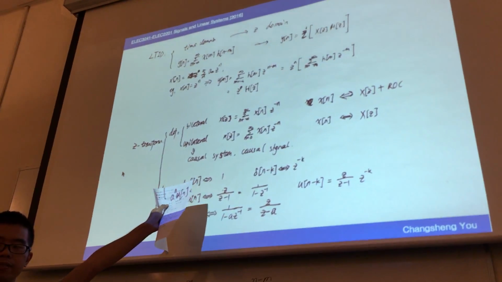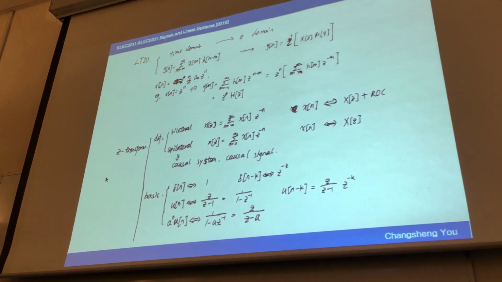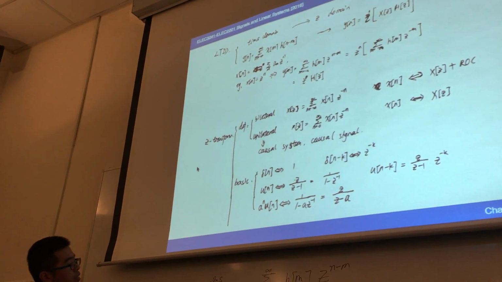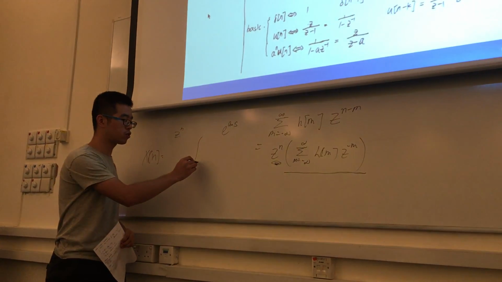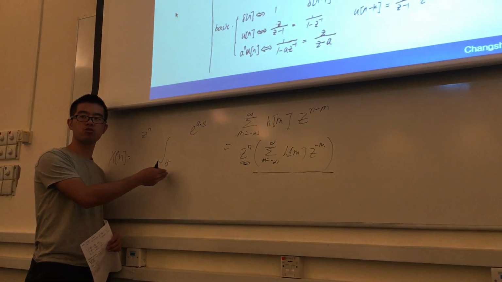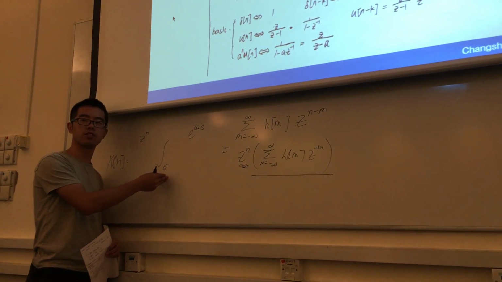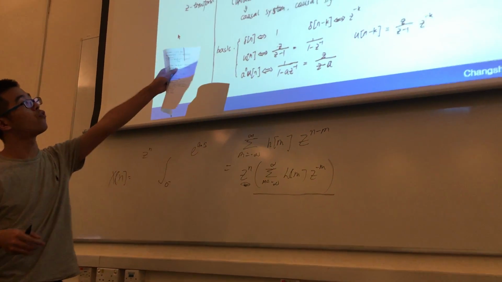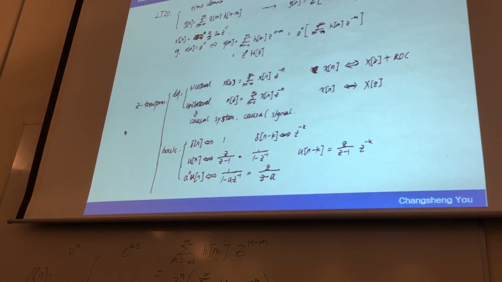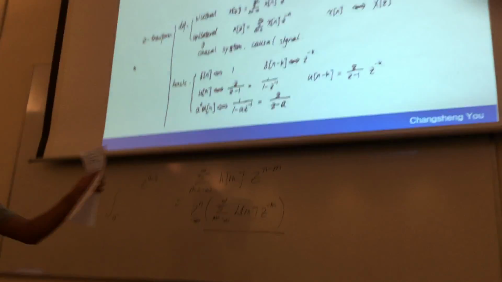Remember, in continuous time, for the unilateral Laplace transform, the lower bound is 0 minus, so it can include the effect of initial conditions. But in this transform, it is just from 0. So this is the difference.